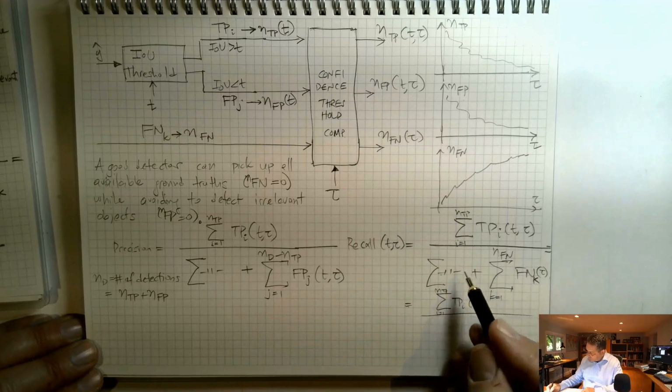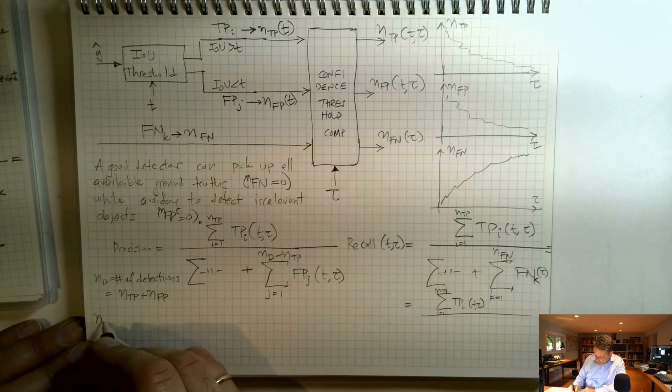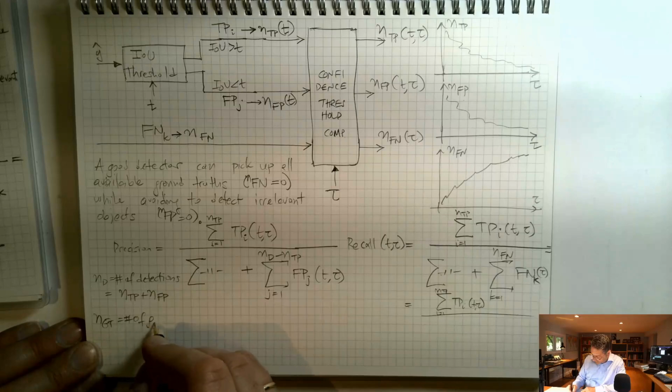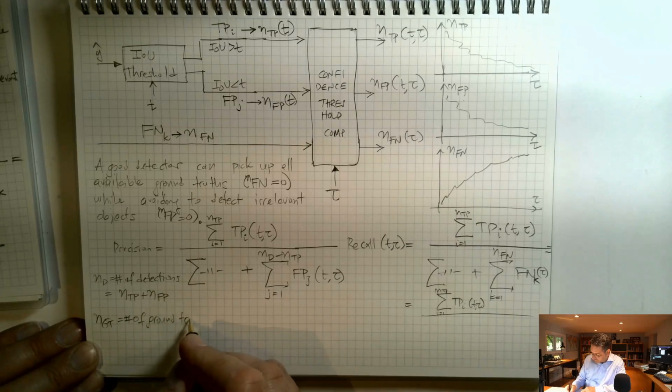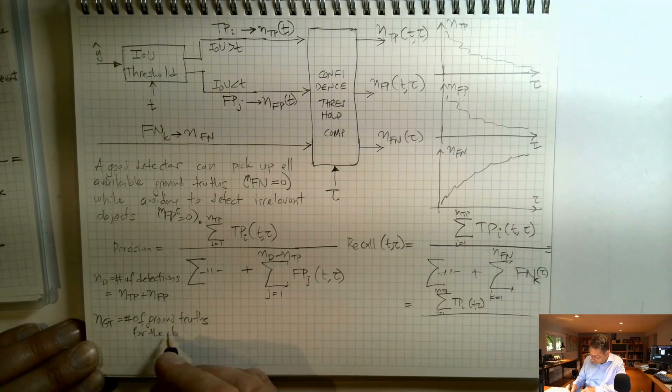But in the denominator over here, I'll define another quantity, which is the number of ground truths. Let me write it down explicitly, the number of ground truths for the class of interest.